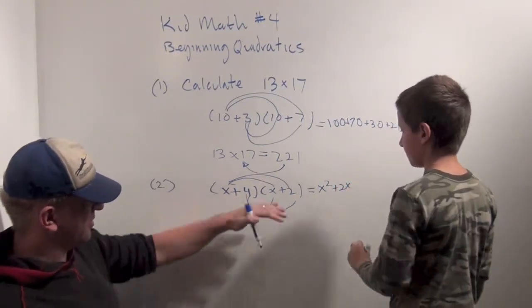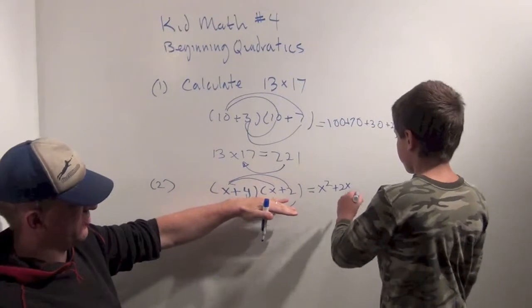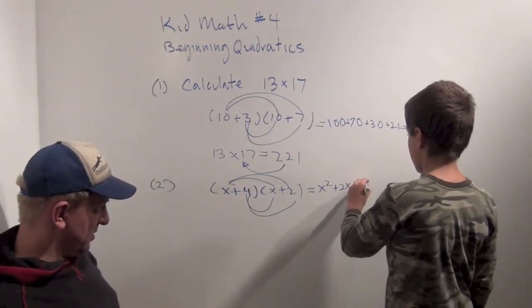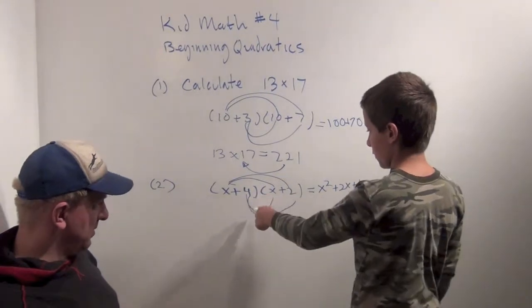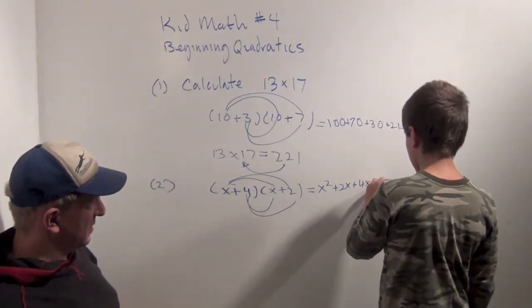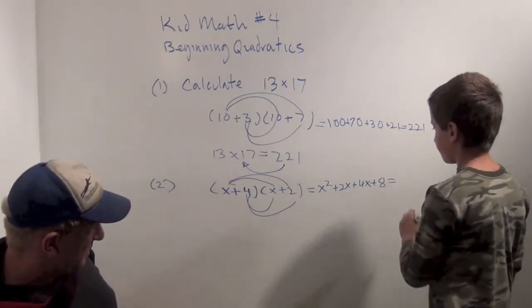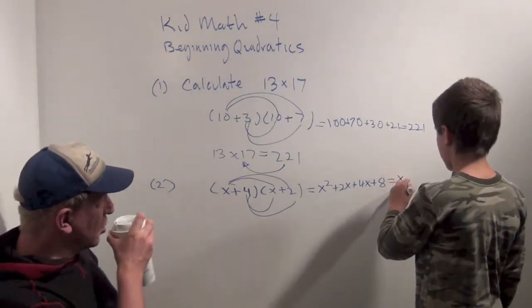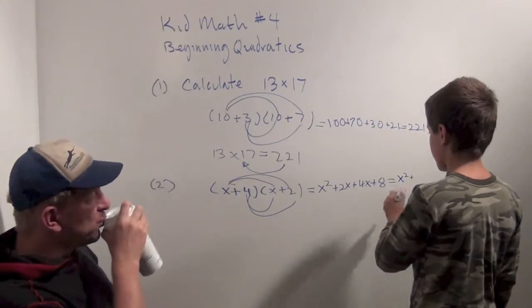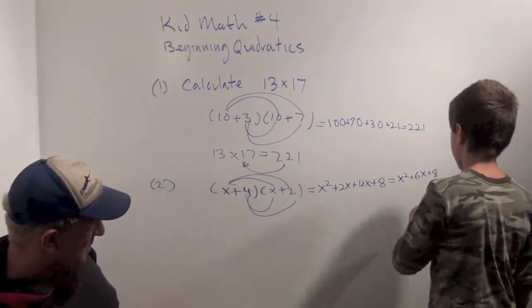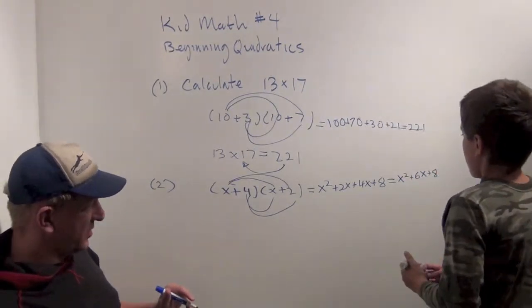The signs are important because if one of these was minus, maybe I should have made it minus. Plus 4x from the 4. Plus 8. Okay. And what does this simplify to be? It simplifies to be x squared plus 6x plus 8.